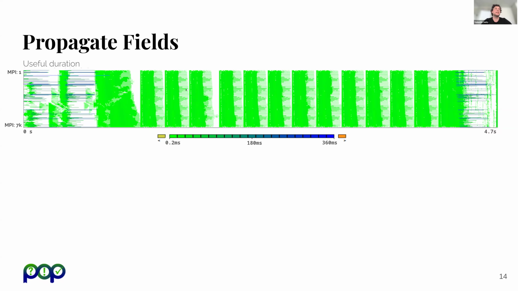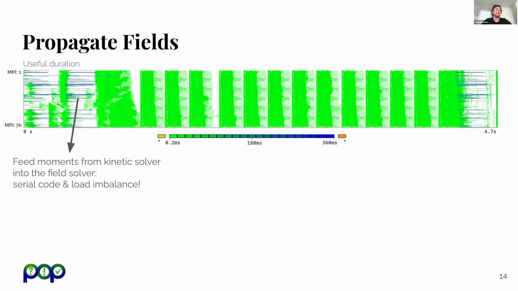And again, white means idle CPUs, blue means very long computation without an MPI or OpenMP call. And the initial thing is actually feeding things they computed in the spatial space translation, converting them, integrating them, and feeding them into the field solvers.